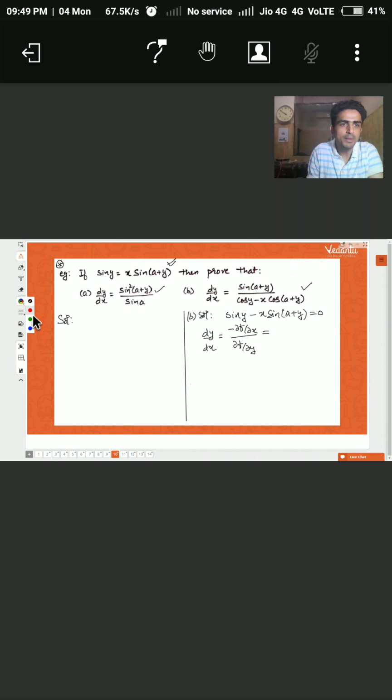Now when you take partial derivative, first of all, sine of y is constant now. Only x is variable, rest everything is constant. So 0 minus. This term is constant now. It will come out. So minus sine of a plus y comes out into derivative of x. That is 1.